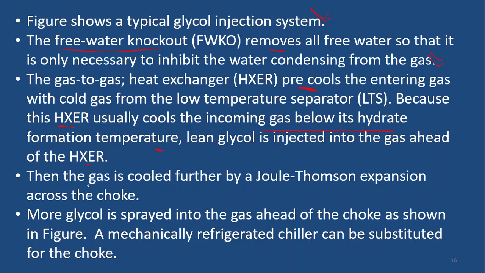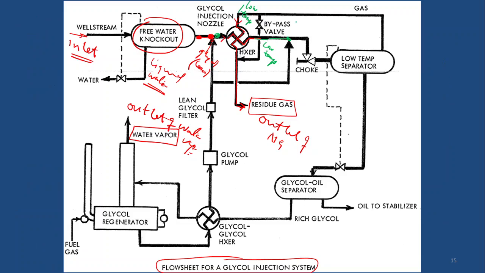Then the gas is cooled further by the Joule-Thomson expansion across the choke. It means that we are again cooling down this natural gas. This is the Joule-Thomson effect, where the gas is suddenly expanded adiabatically, so the temperature becomes very, very low.